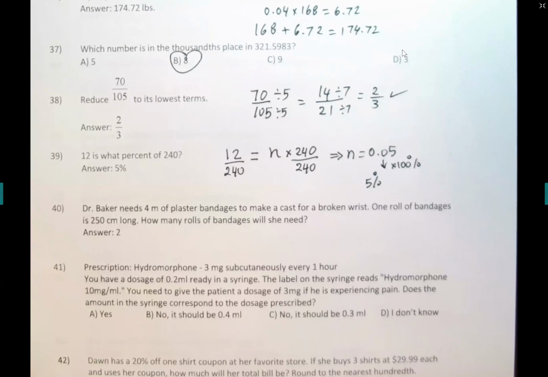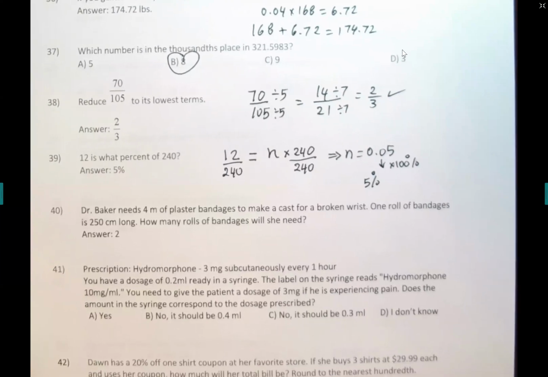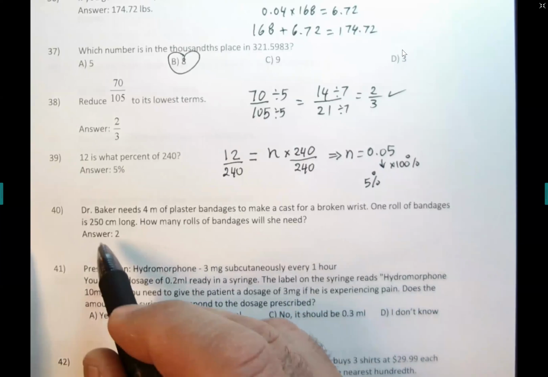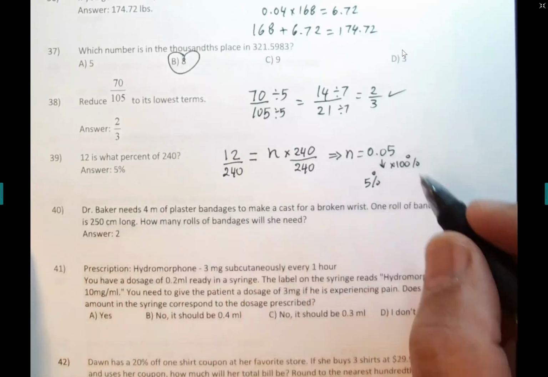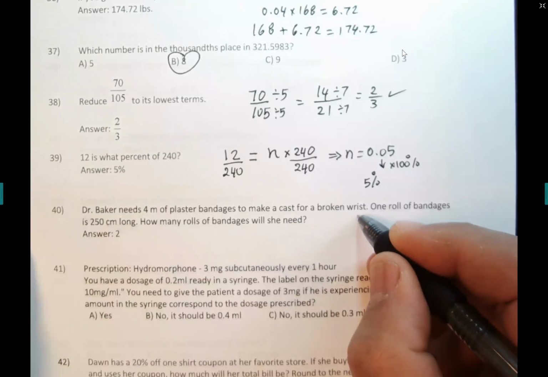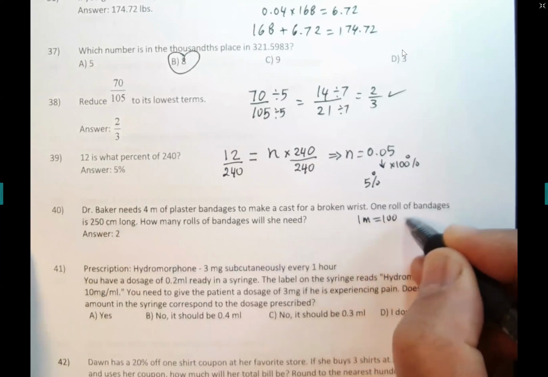Dr. Baker needs 4 meters of plaster bandage to make a cast for a broken wrist. One roll of bandage is 250 centimeters long. How many rolls of bandage will she need? Well, first of all, you need to change one unit to the other. So let's change centimeters to meters. 1 meter is 100 centimeters.